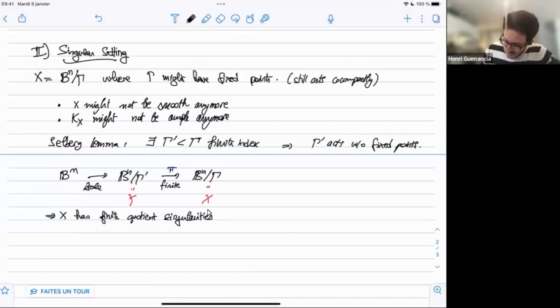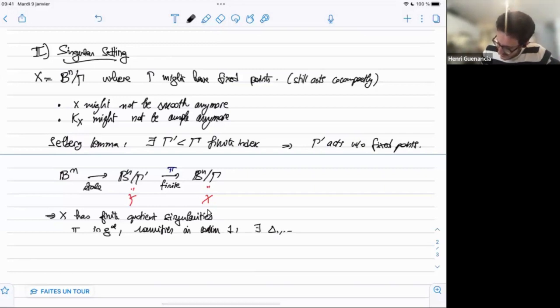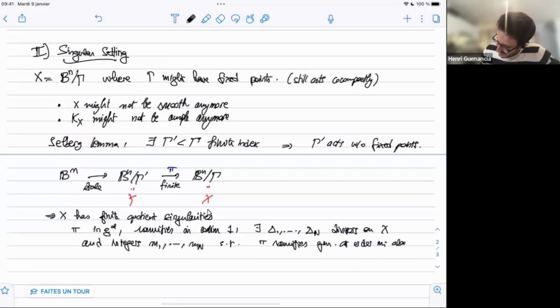So pi in general ramifies in codimension 1, which means that I can find divisors delta 1, ..., delta n, divisors on X, and integers mi, such that pi ramifies generically at order mi along delta i.